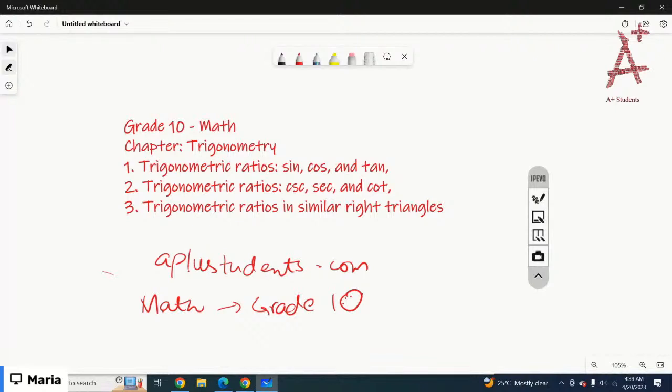We're going to start with the chapter trigonometry, and the lessons we're going to cover today are trigonometric ratios, sine, cos and tan; trigonometric ratios, cosecant, secant and cot; and then trigonometric ratios in similar triangles.